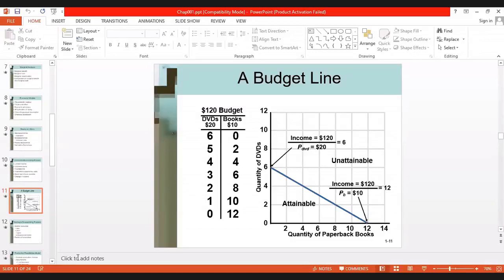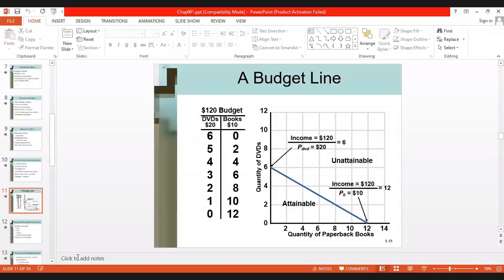His income is $120. One DVD price is $20, book price is $10. If he spends all the income of $120 to buy only DVDs, he can buy 6 DVDs and no books. He has no income left. That is one point on the vertical axis.